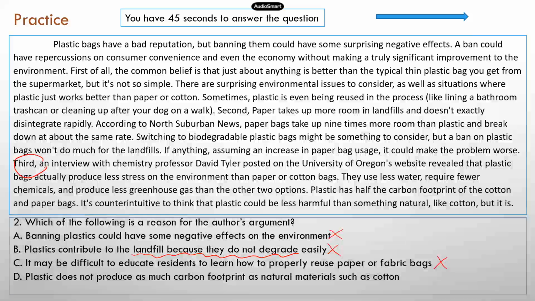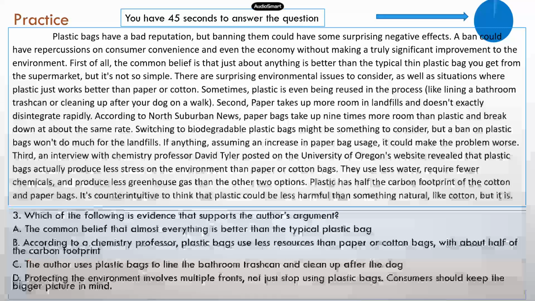When you look at this paragraph, there are 3 reasons discussed in here. So that's the first reason. And then we have a second, and this is the last reason, which talks about the fewer resources used by producing plastic bags than paper or cotton bags. Okay. So correct answer is D. All right, next question.